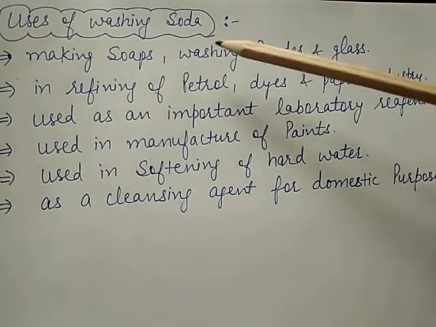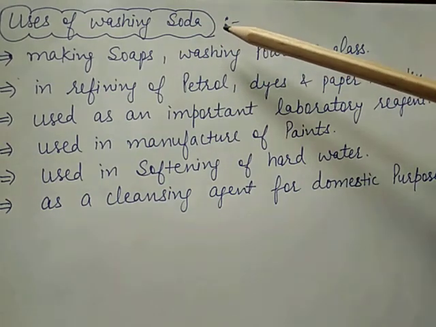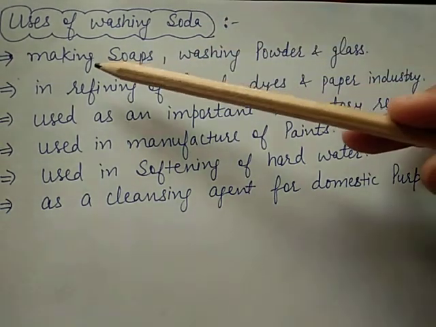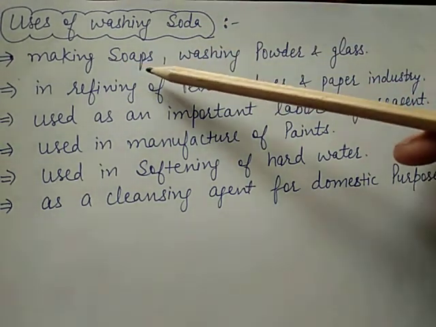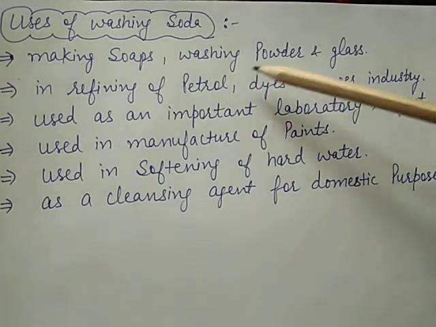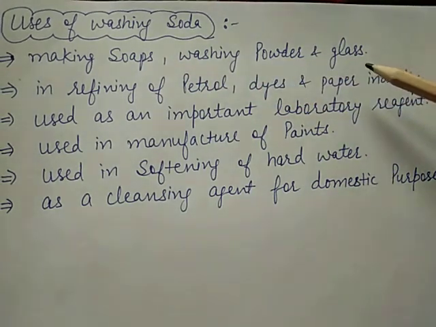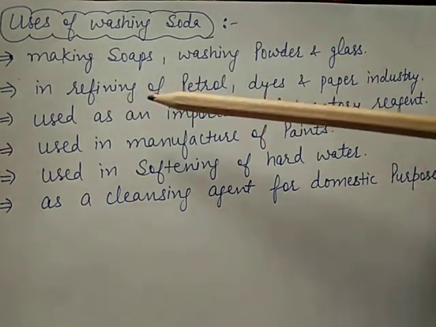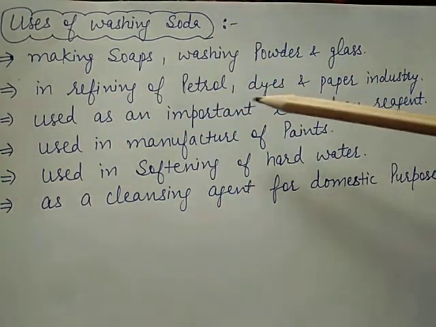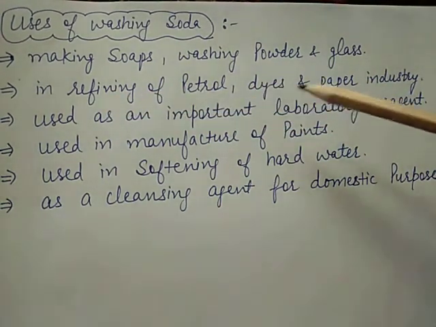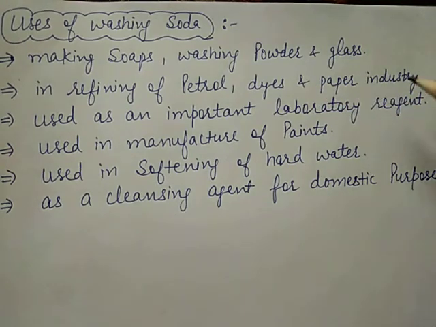Now what are the uses of washing soda? Washing soda is used in making soaps, washing powders and glass. It is used in refining of petrol, dyes and in the paper industry.